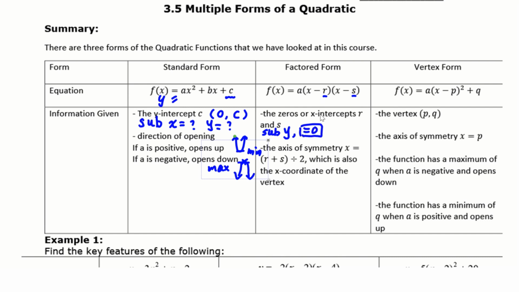Then you could factor it, or you use quadratic formula to find the zeros. So this is how you find y value, and this is how you find x value.